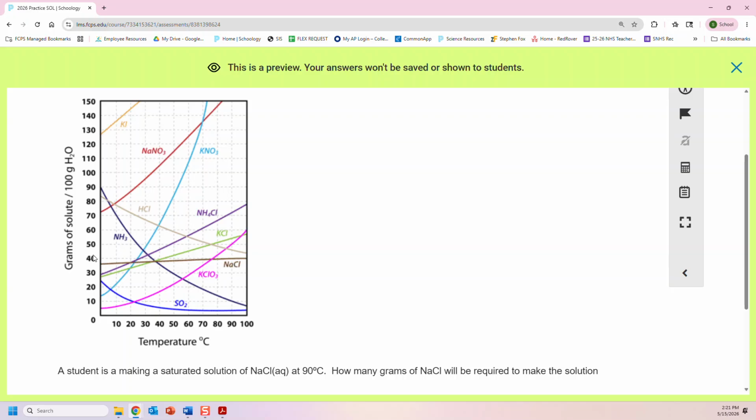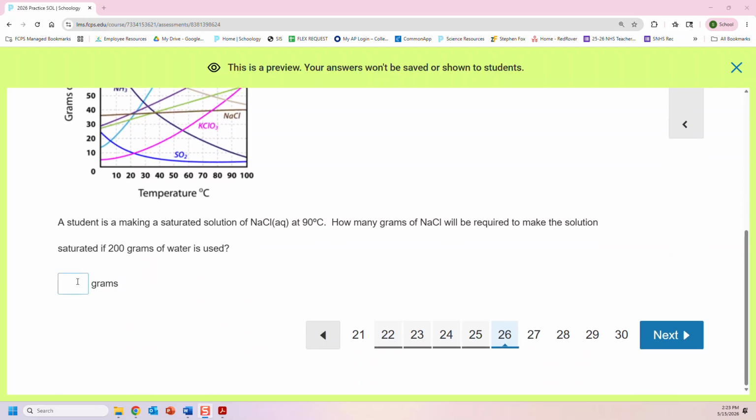So the answer is 40 grams in 100 grams. To saturate a solution at 90 degrees, we need 40 grams of sodium chloride, but that's only for 100 grams of water. So if we double the water, we can double the grams. So it's going to end up being 80. All right, so that would be our answer there.